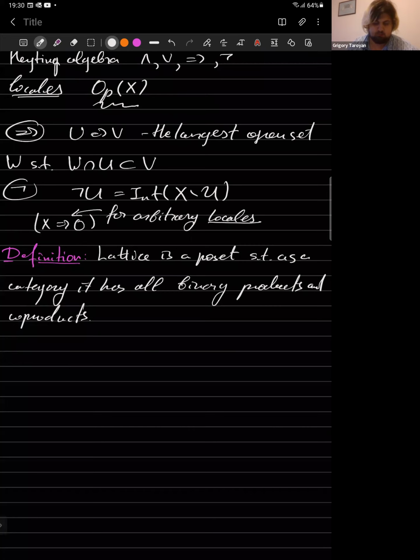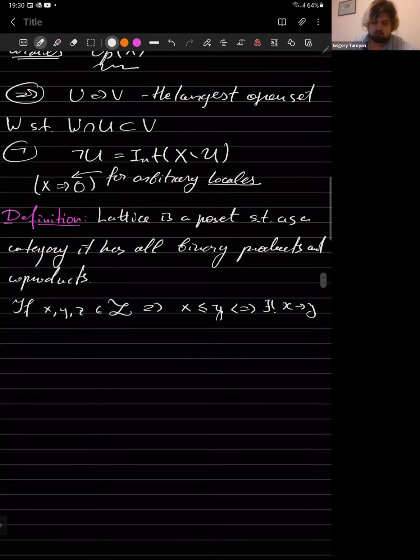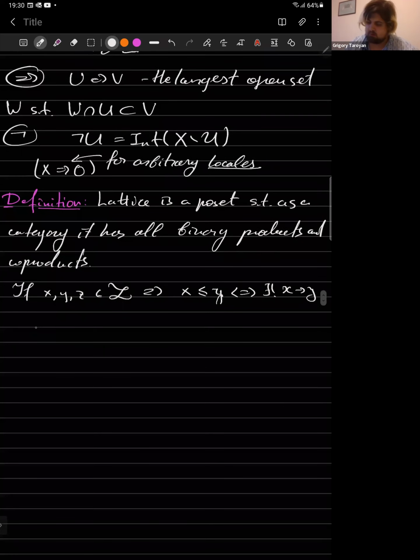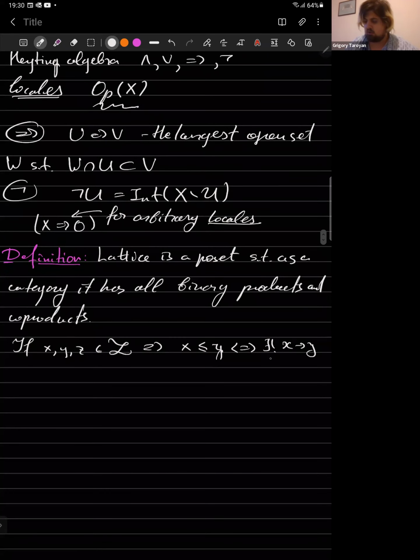So if X, Y, and Z belong to L, then X less or equal to Y is equivalent to the existence of a unique arrow from X to Y. So that's just how we restore the poset structure from categorical structure and vice versa.